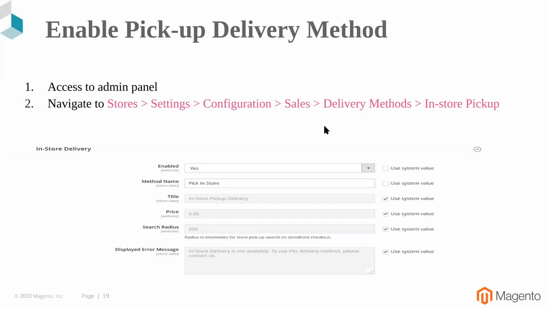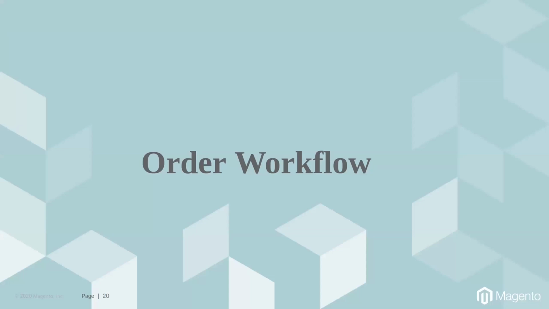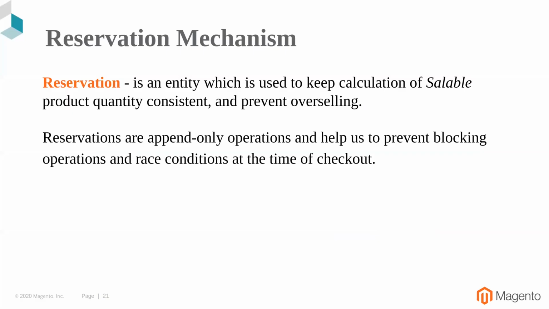Okay. Next we'll see the order workflow, meaning how the customer processes the order. So this is the first main mechanism which is used in MSI for order workflow. Instead of immediately deducting or adding product inventory quantities, reservation holds the inventory updates until the order shipment or the product refunds.